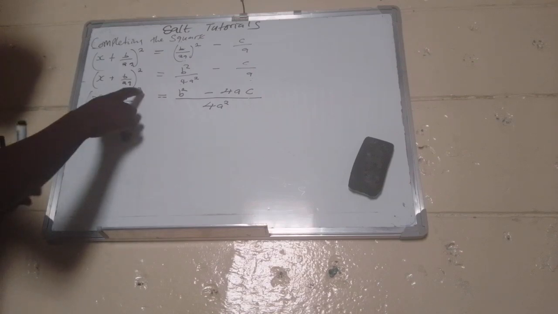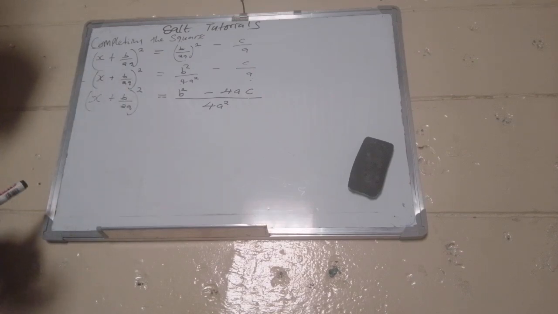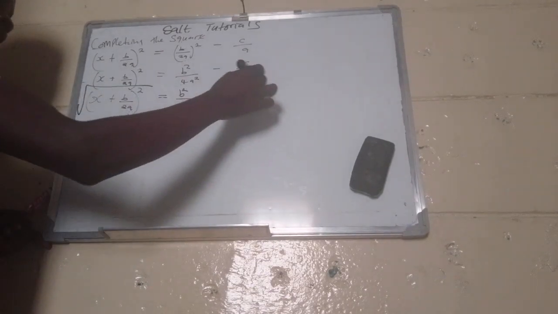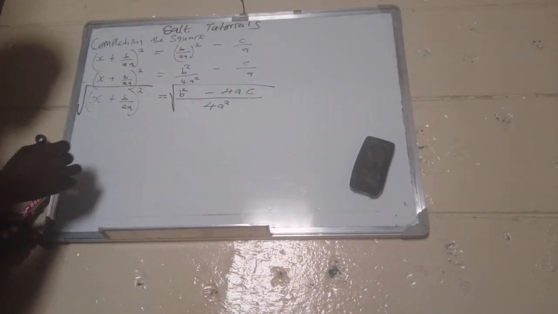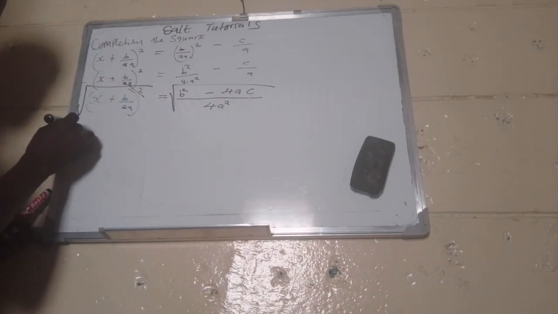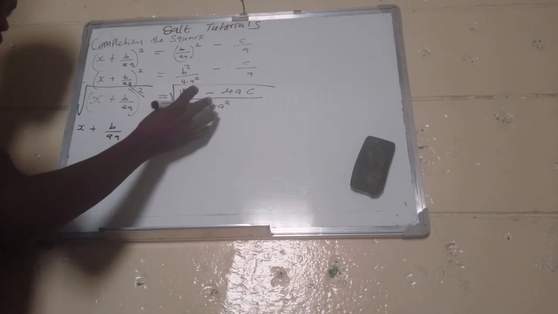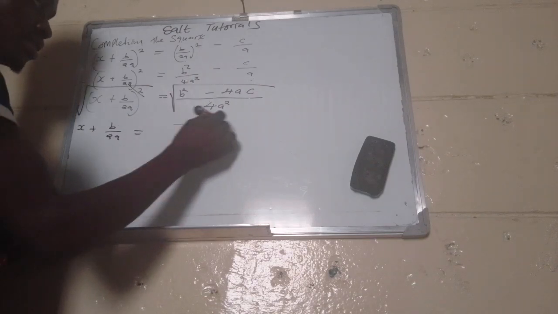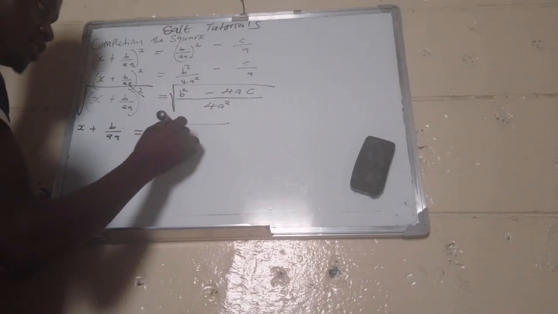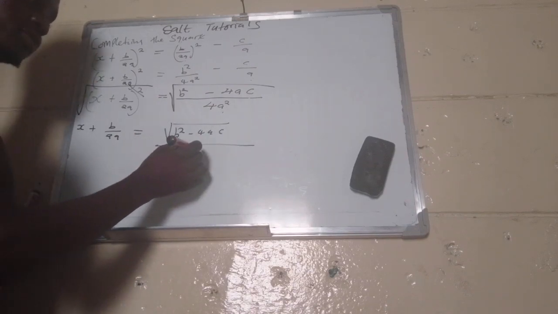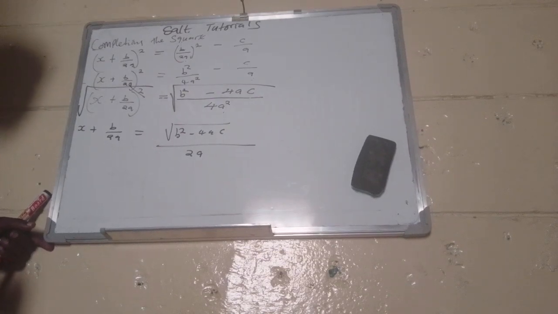What is next? We delete the square. We are now solving by extracting roots, so square root of this and square root of that. I can have x plus b over 2a. Square rooting this, I can square root the numerator, which is b squared minus 4ac, over the square root of the denominator, which is 2a.